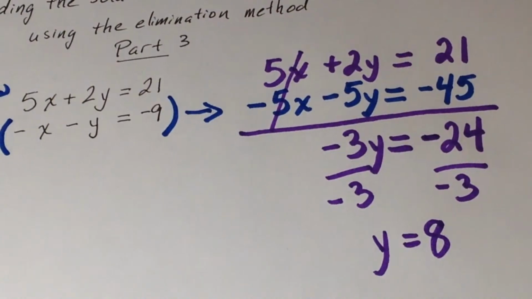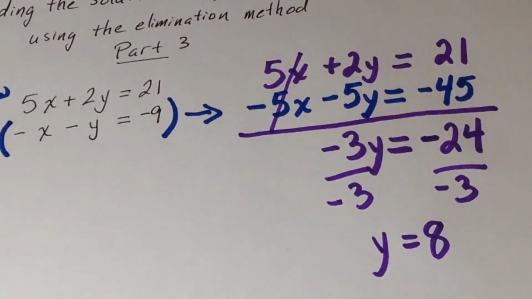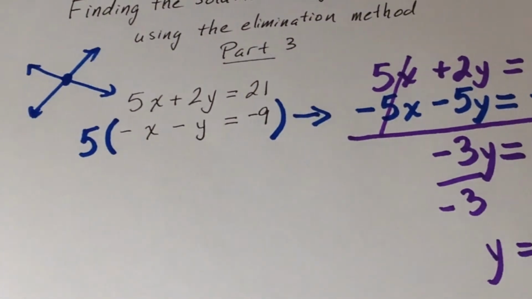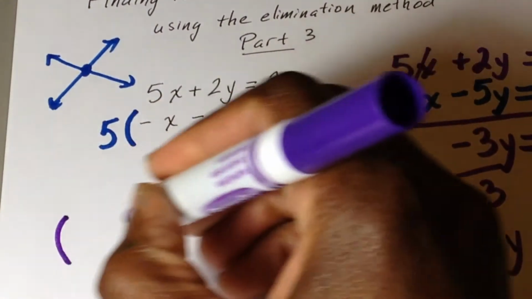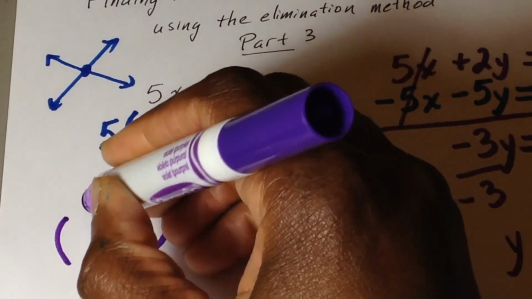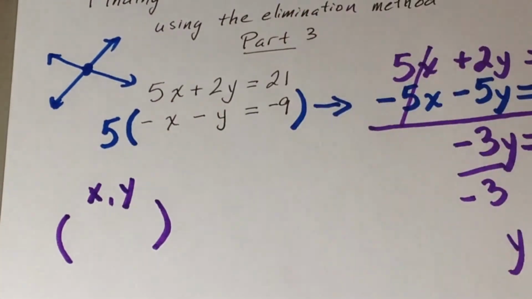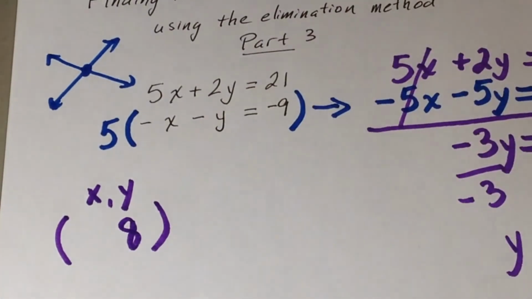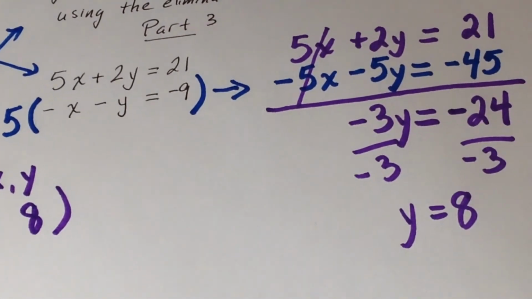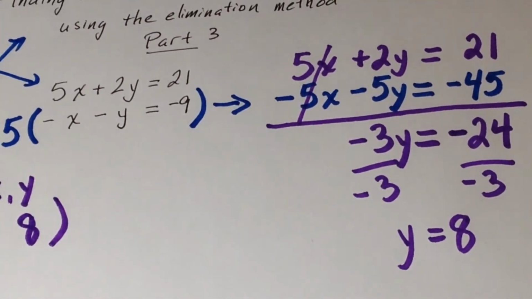So what I found is my y coordinate in this one. Let me just set it up over here. We're looking to find our x and our y. And right now I have y is equal to 8. Time to find out what the x value is.